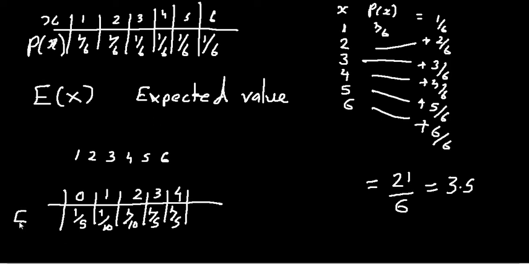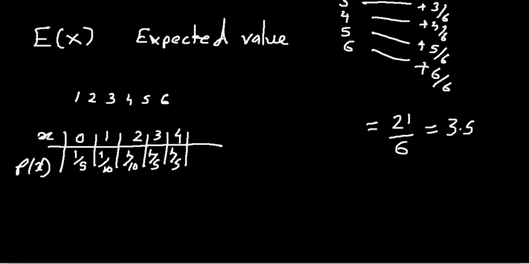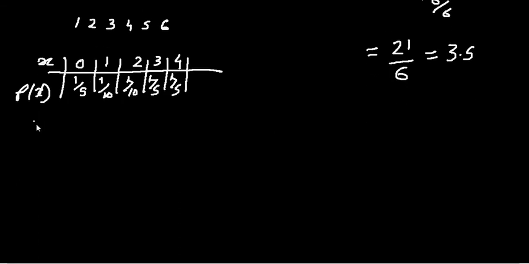Now let's see what the expected value here would be. So that's your x, that's your px. So you've got to multiply every outcome by its probability.